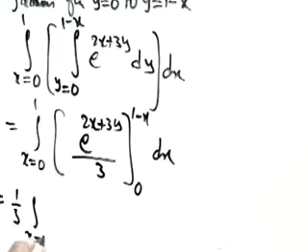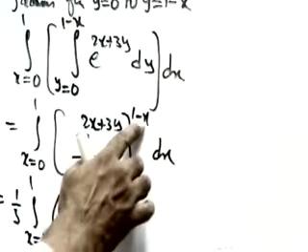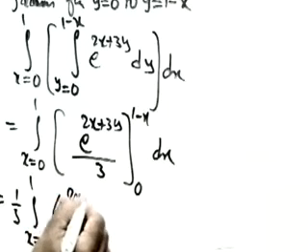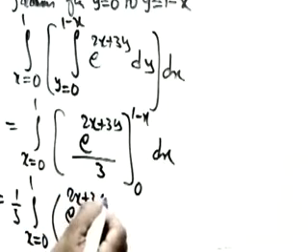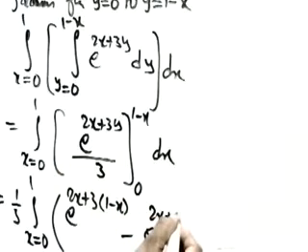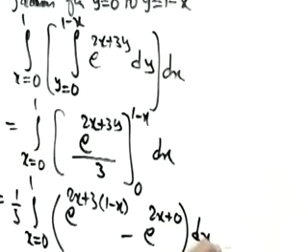So we can write like this, 1 by 3 integration x equals 0 to 1, e to the power of 2x plus 3 into, in place of y, 1 minus x, minus lower limit, means in place of y 0. So 2x plus 3 into 0 will be 0, dx.